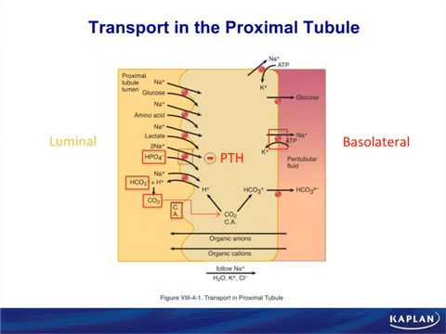Then that carbon dioxide is converted by a carbonic anhydrase inside the cell to bicarbonate and a proton. That bicarbonate is then reabsorbed. This proton is then secreted into the lumen. And that's how bicarbonate is reabsorbed. Carbonic anhydrase is essential to reabsorption of bicarbonate in the proximal tubules.